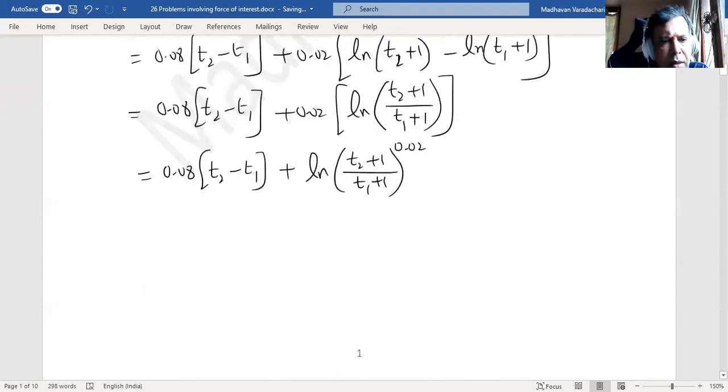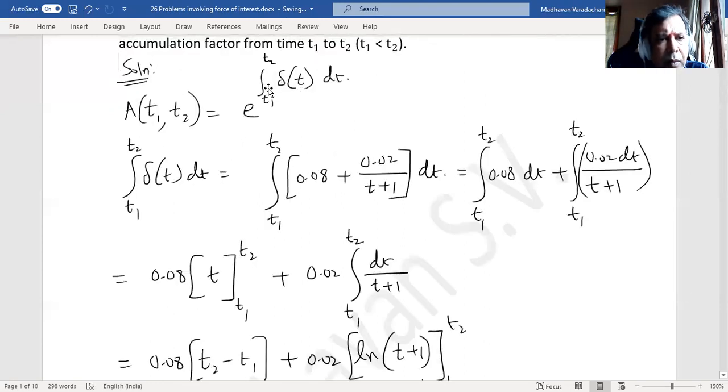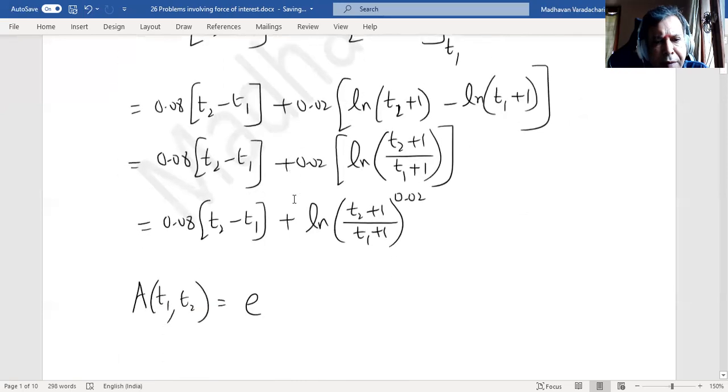So now our accumulation factor will be e to the power of this integral, which we evaluated already.